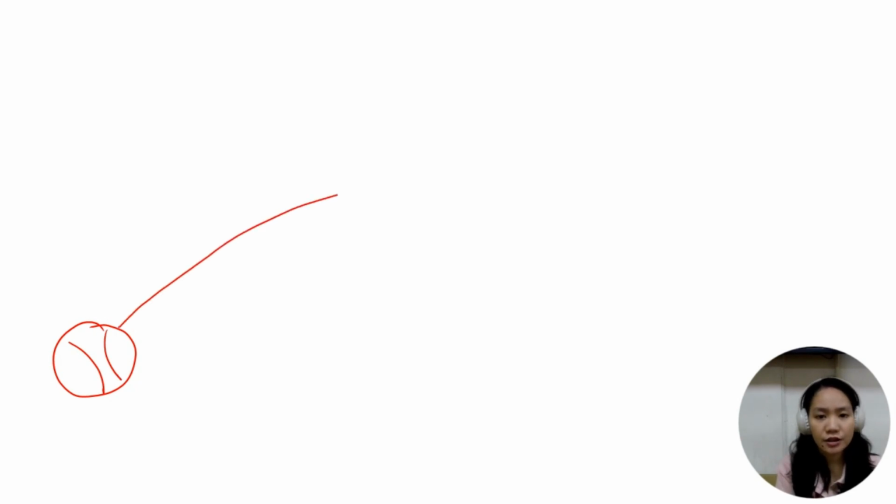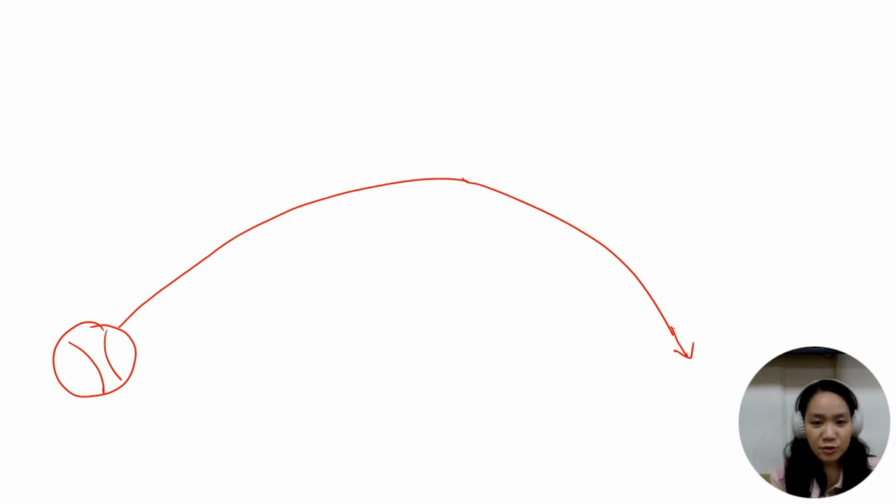Say you have a ball, and this ball is launched or thrown in the air, and it travels a curved path. If you observe closely, or maybe video record its motion and put it in slow-mo, you'll probably notice that as the object goes up, the velocity of the object seems to decrease, or the object slows down.